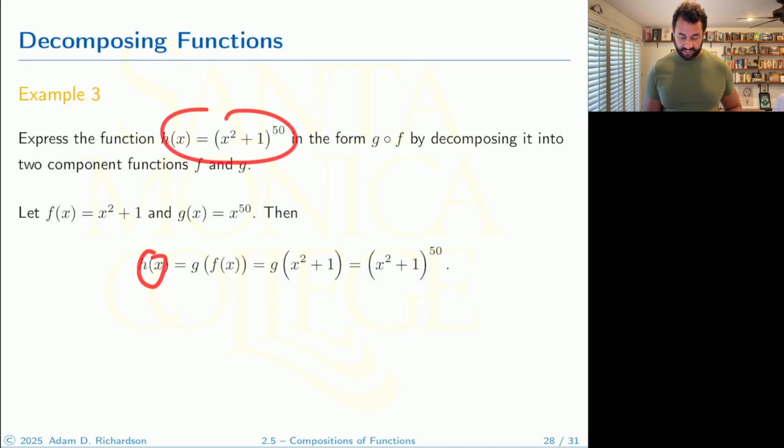So g of f of x is g of x squared plus 1. But then g raises all of its inputs to the 50th power, so it's going to raise this input to the 50th power. And lo and behold, that is h of x. So we've written h of x as a composition of functions. We decomposed it.